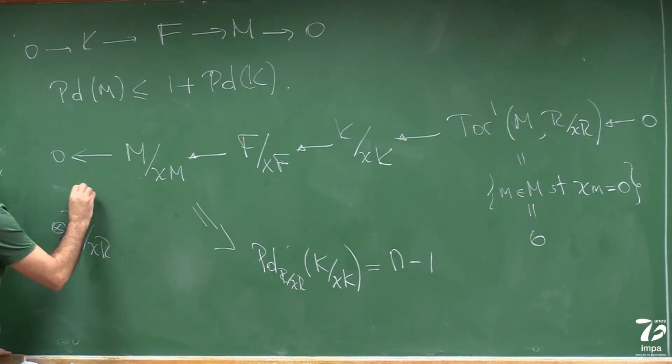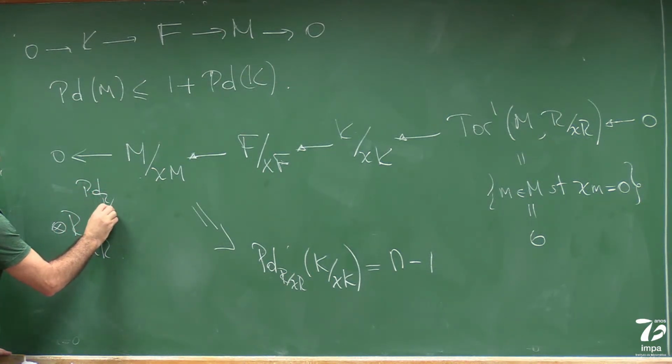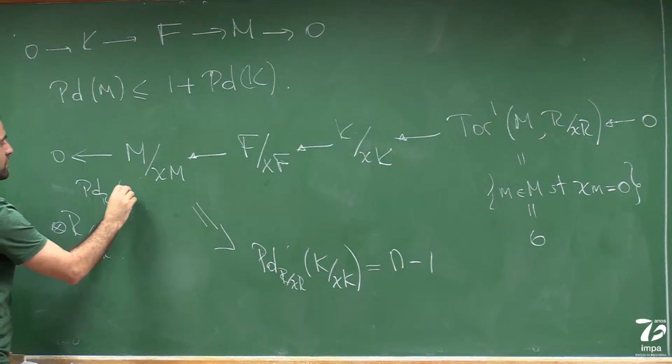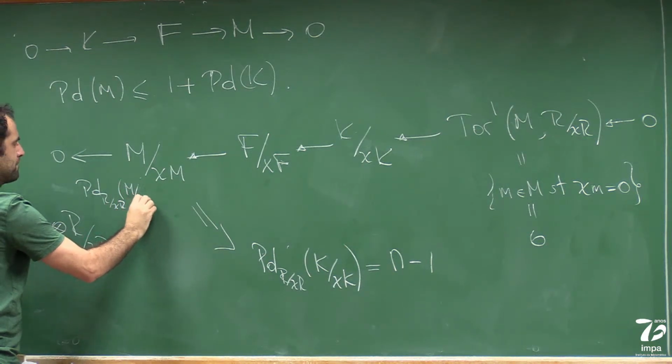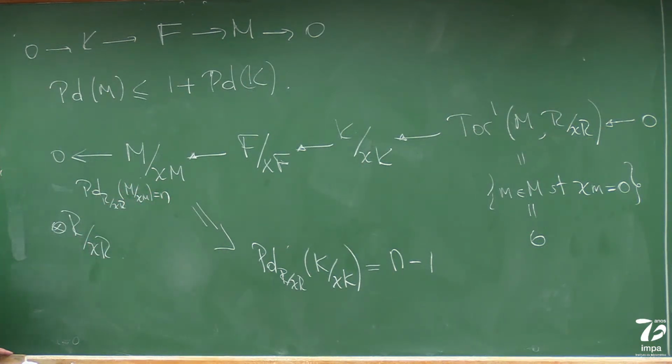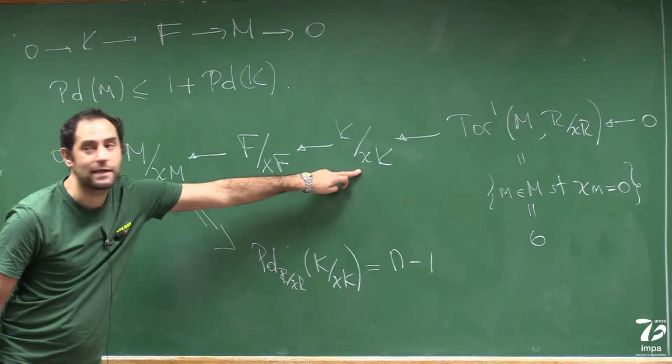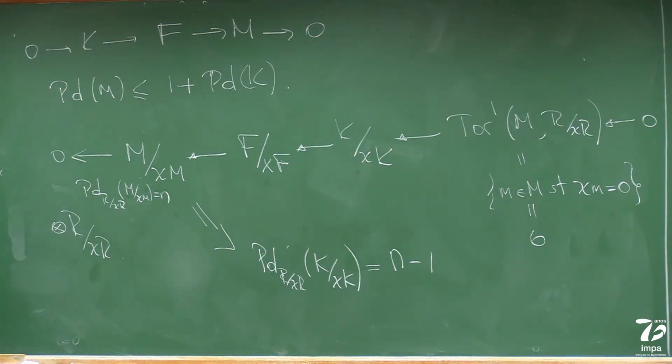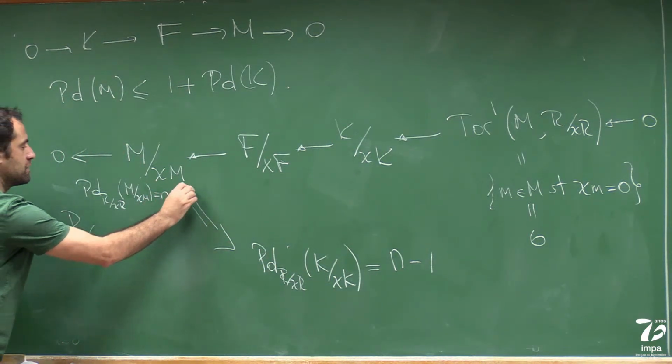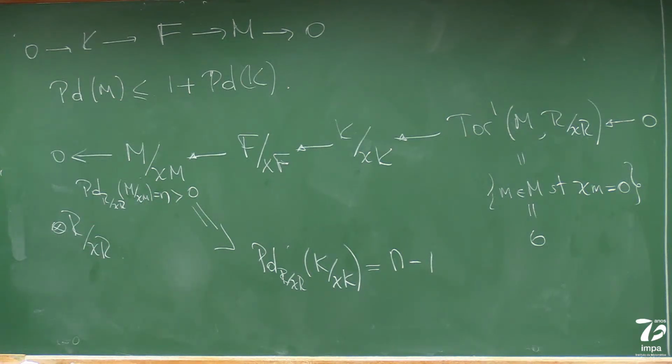So the projective dimension of this is the guy that we're trying to do induction on, is n. Therefore, the projective dimension of this is 1 less. So now this n, I'm assuming it's bigger than 0.